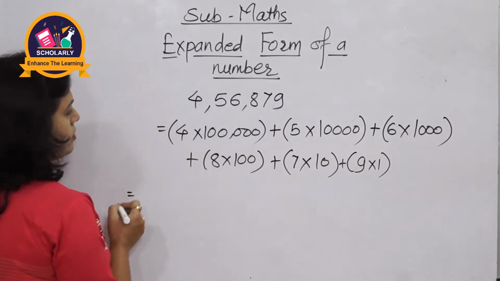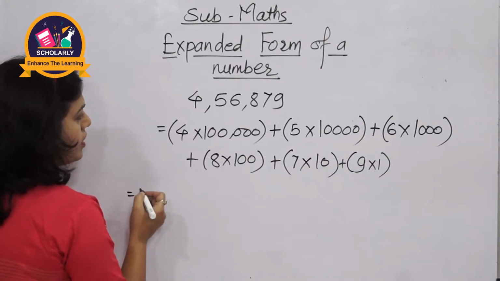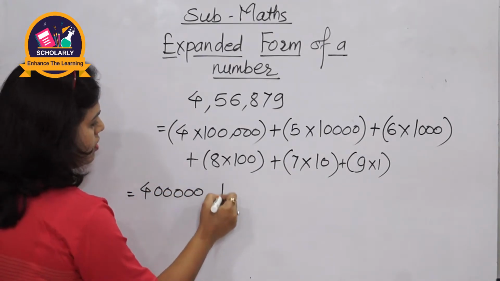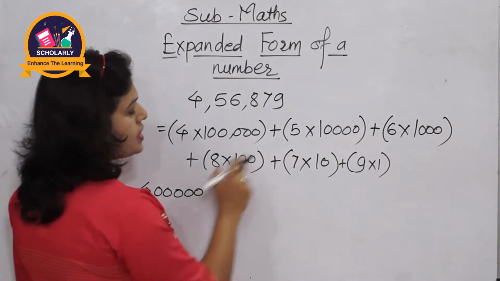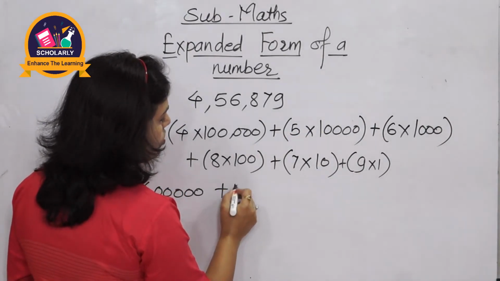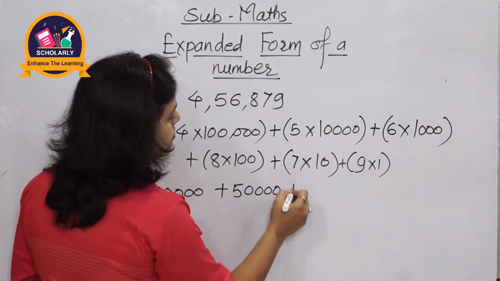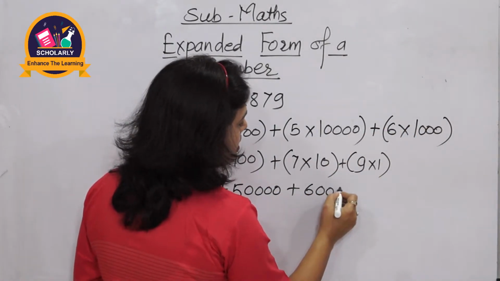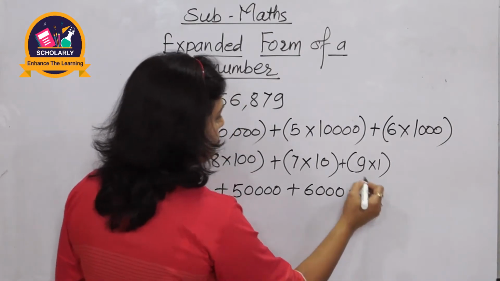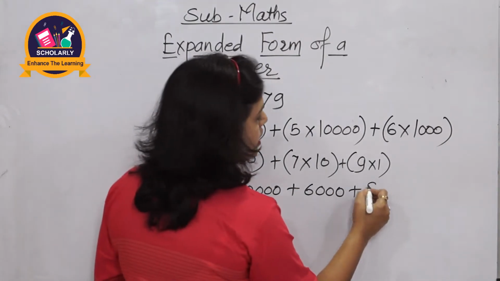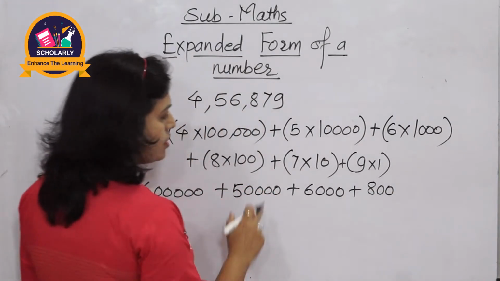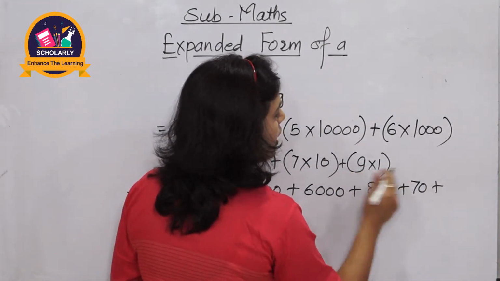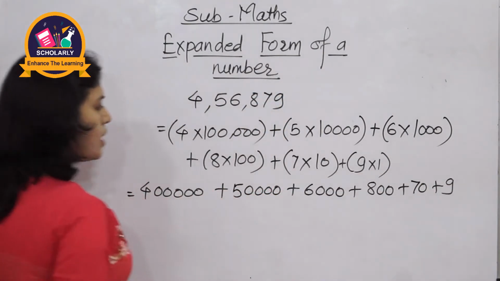What you get is 4 into 1 lakh, that is 4 lakhs, plus 5 into 10,000, that is 50,000, plus 6 into 1,000, that is 6,000, plus 8 into 100, that is 800, plus 7 into 10, that is 70, and 9 into 1, that is 9.